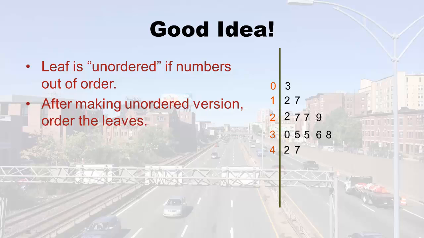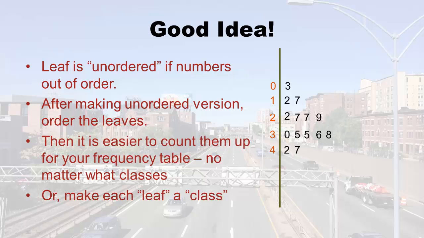However, after making an unordered version, you can rewrite the stem and leaf in an ordered way. So you see how I did that? I rewrote the 2 leaf and the 3 leaf, and now the leaves are in order. Okay, they don't have to be, but you can do that. And if you make your stem and leaf first unordered, the way I was demonstrating, then rewrite it into ordered, it is way easier to count it up to make a frequency table, no matter what classes you choose.